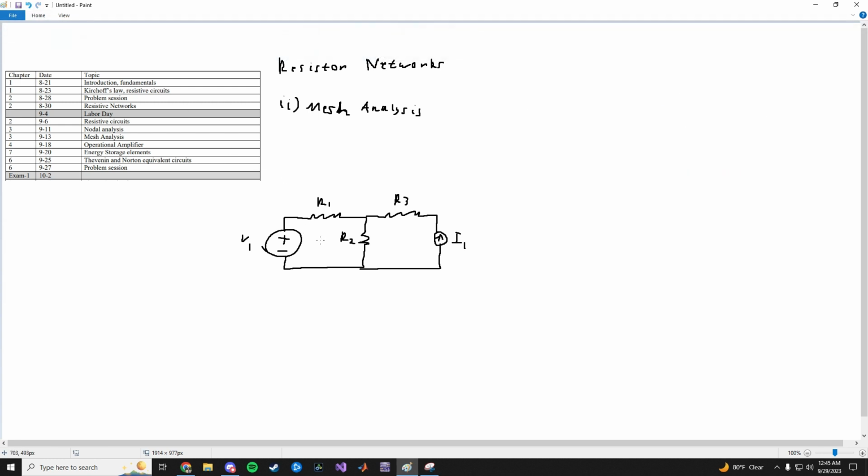So notice in this circuit, in the example, we have 2 meshes. We have this one, I'll call it I1, and this one, I'll call it I2. So with mesh analysis, the M number of meshes equals M number of equations.